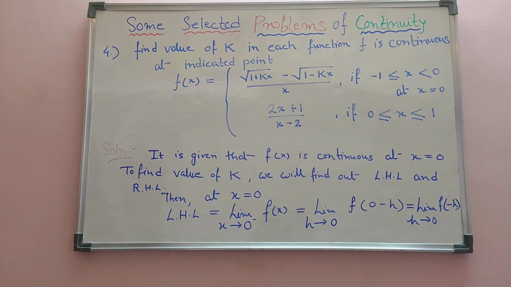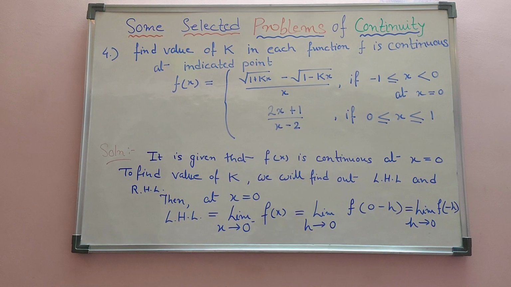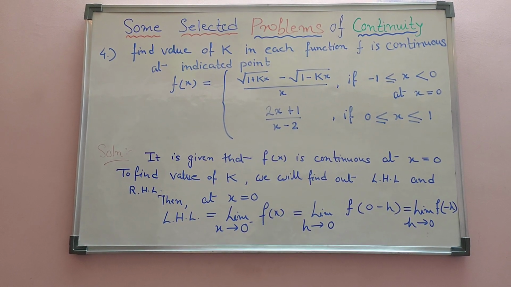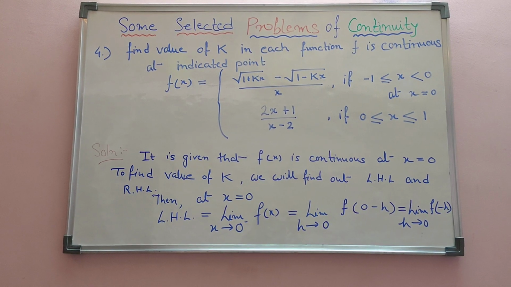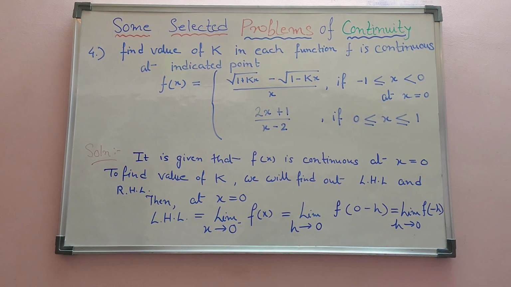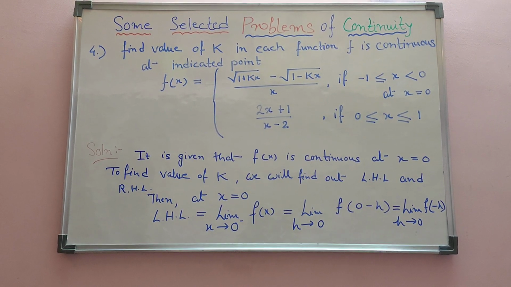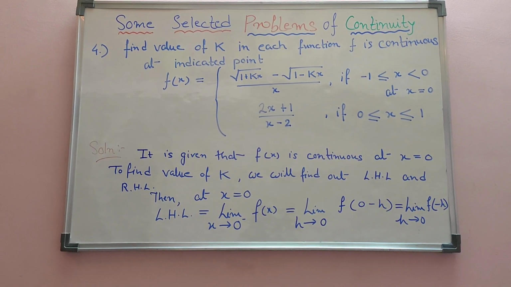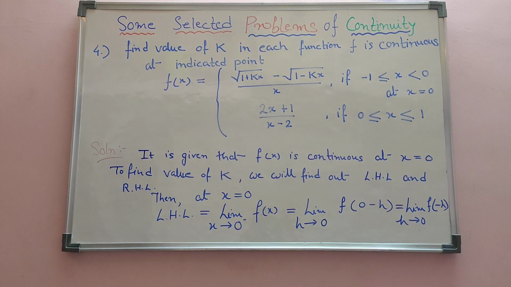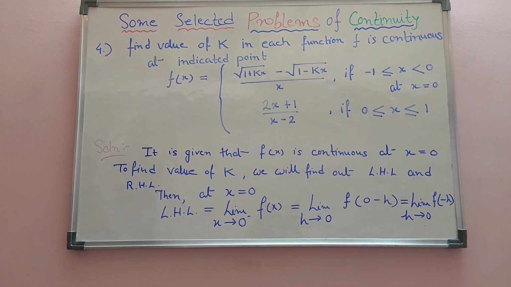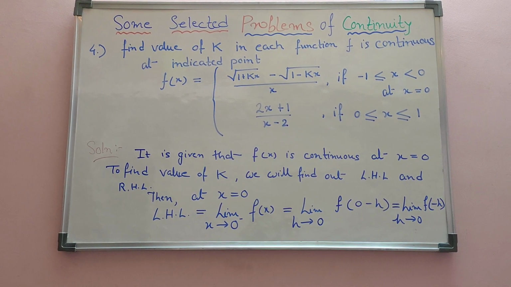We have to find the value of k if the function is continuous at x equal to 0. The second function is given as 2x plus 1 upon x minus 2, if x is in the closed interval 0 to 1, meaning x lies between 0 and 1 including the values 0 and 1.